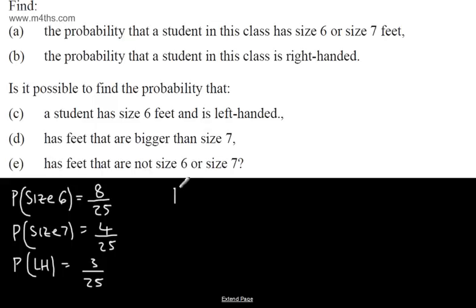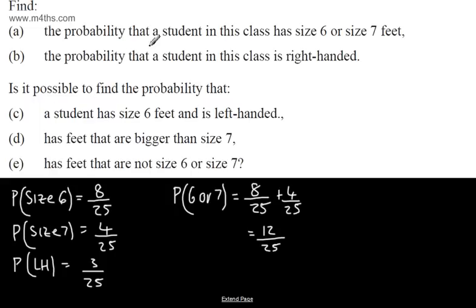So let's do part A. The probability of 6 or 7 is simply the probability of 6 added to the probability of 7. So that's going to be 8 over 25 plus 4 over 25, which is going to give us a total of 12 over 25. So what that tells us quite clearly is that 13 of the 25 either have size 5 or less, or 8 or more, or if you like, aren't size 6 and 7.